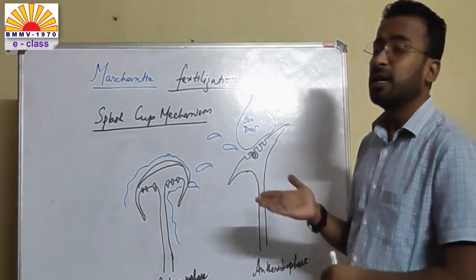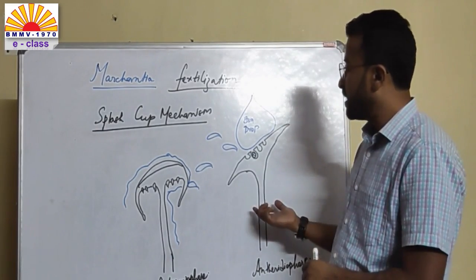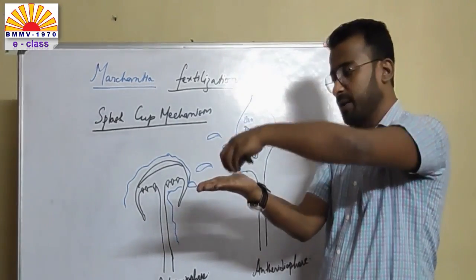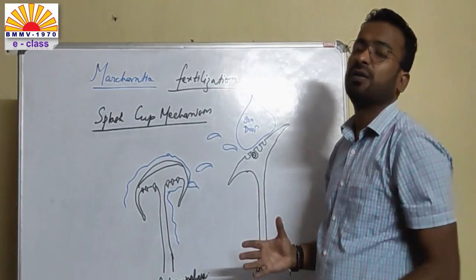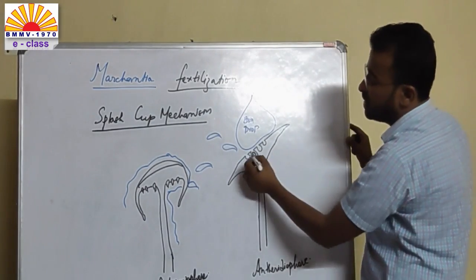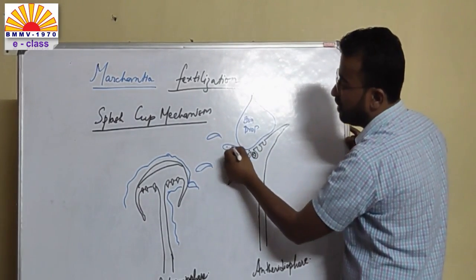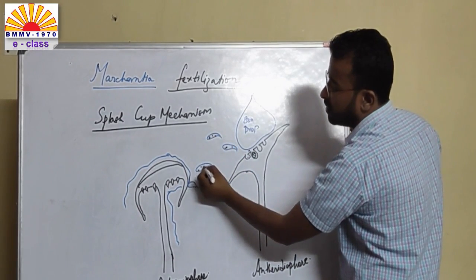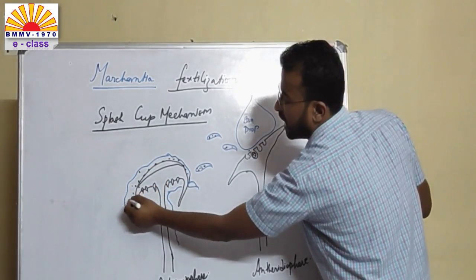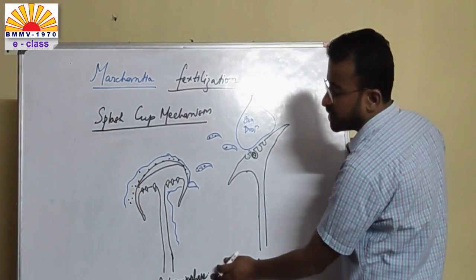In this case, the male reproductive organ, the antheridiophore disc, will be like this. A drop of water will come and splash on the antheridiophore disc, and with this force, the antherozoids present here will be carried with this drop of water to the female gametophyte or the archegoniophore.